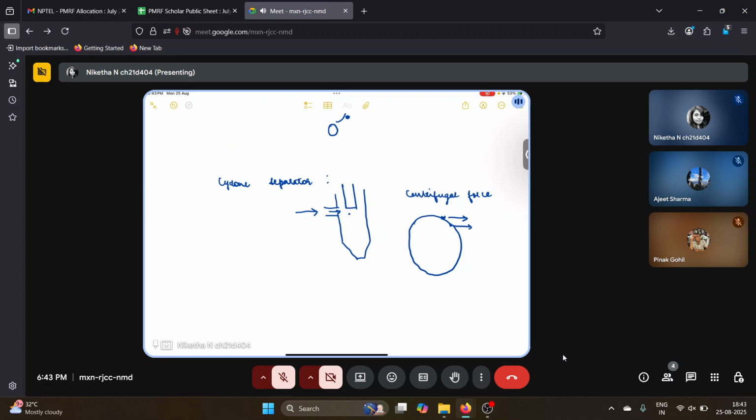When air enters at a high velocity, suddenly it changes track. The air flows downwards, and the gravitational force acts downwards.